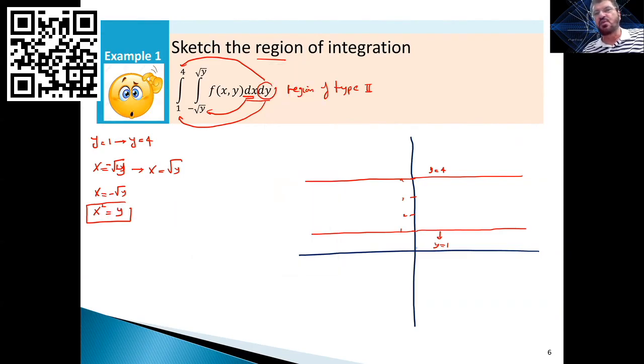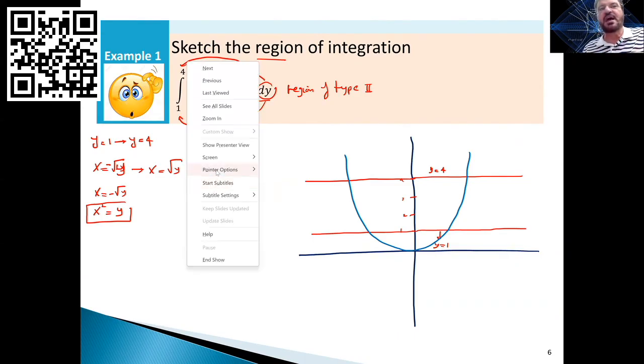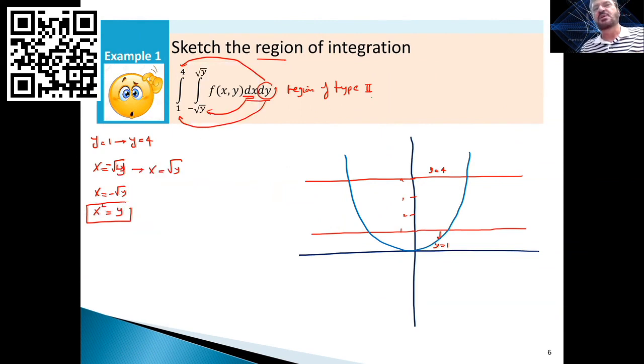Here's the second function. Y equal x squared. Now, I know that I have a region of type 2. That means it says from x equal minus root y to x equal root y.